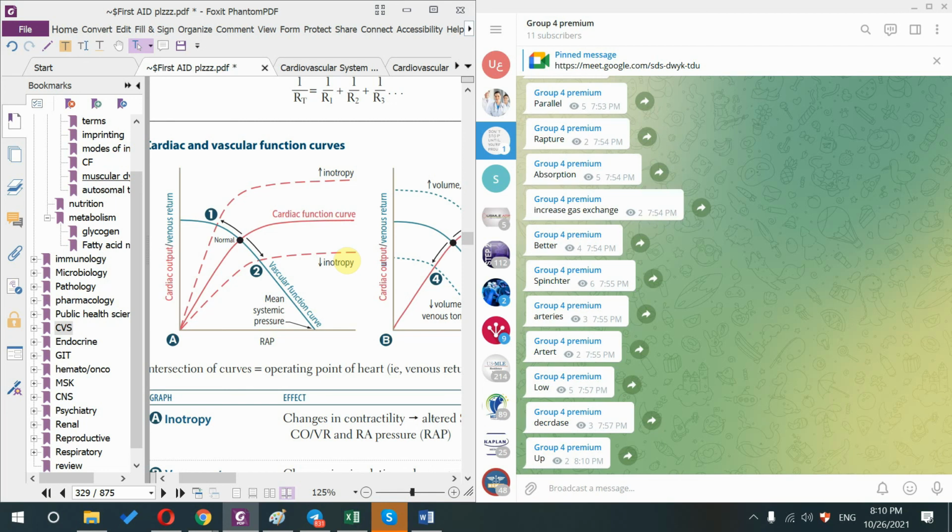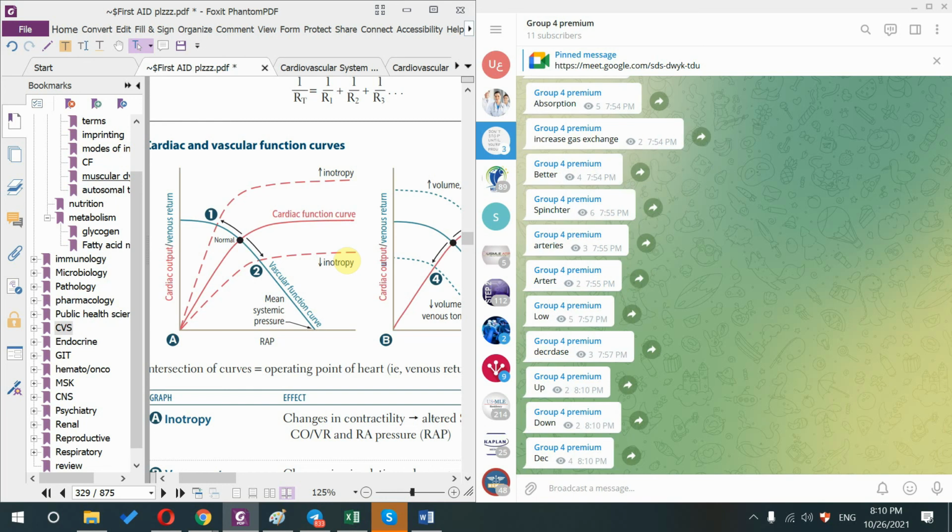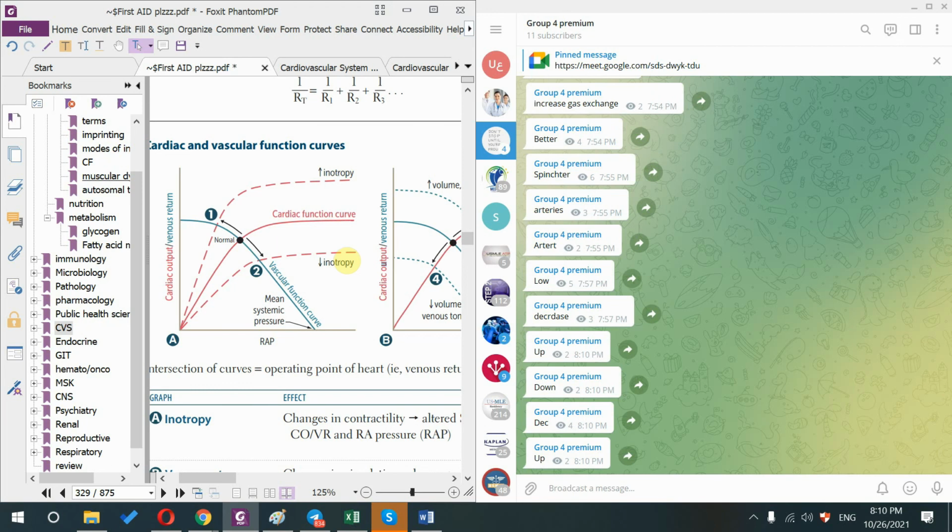If I give this person a beta 2 agonist, there will be vasodilatation. Your blood pressure will go down, but your heart rate will go up. It reflects tachycardia with higher contractility, so it will move up. That's like a two-step equation.